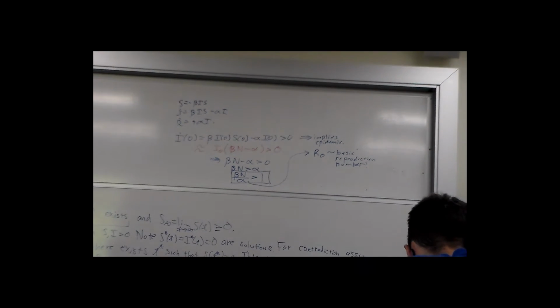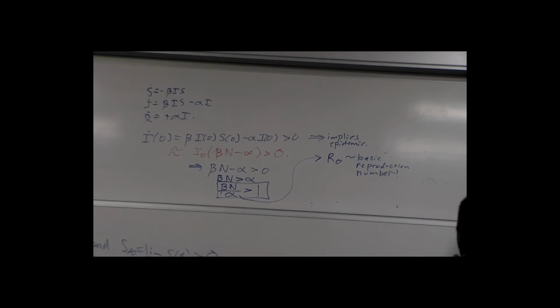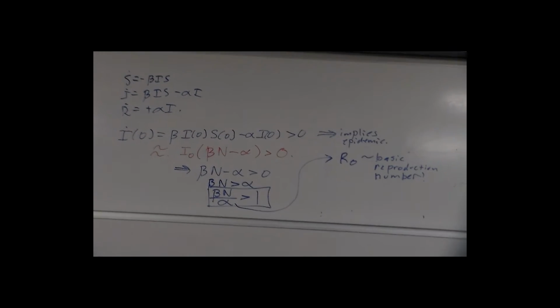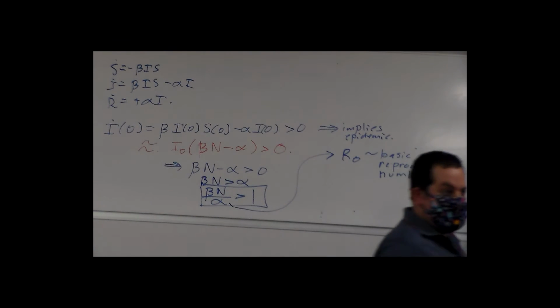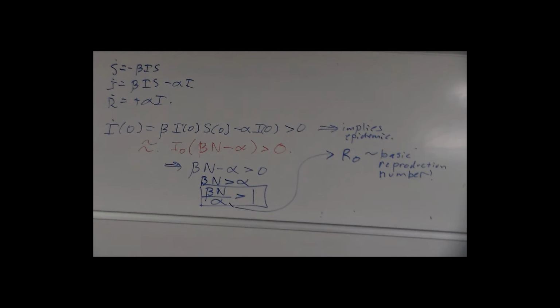Okay? All right. Any questions about this condition? So this was the first part of what we wanted to prove, is that I prime of 0 is greater than 0. So that will only occur if this condition is satisfied. Okay? The other condition was about this thing flattening out to 0.